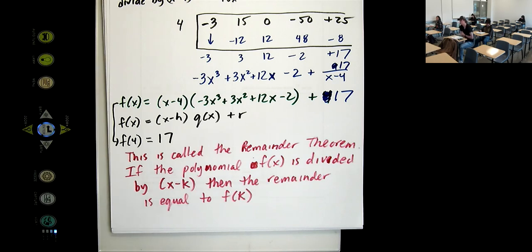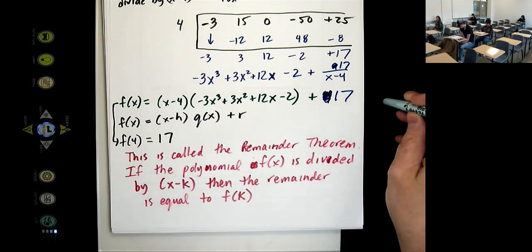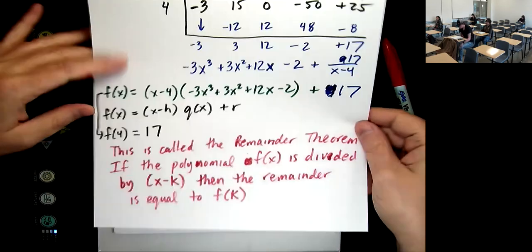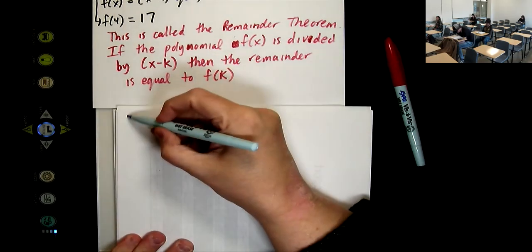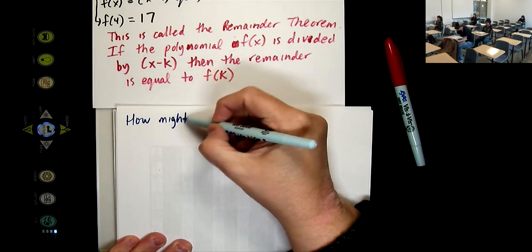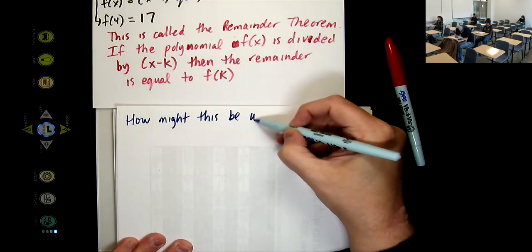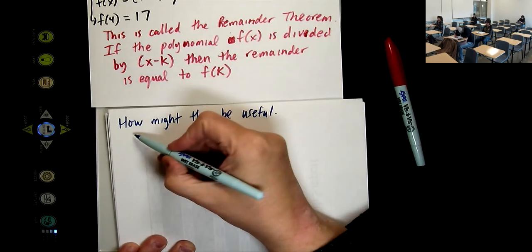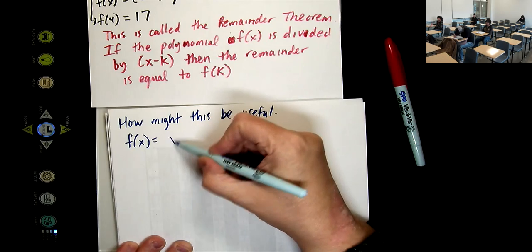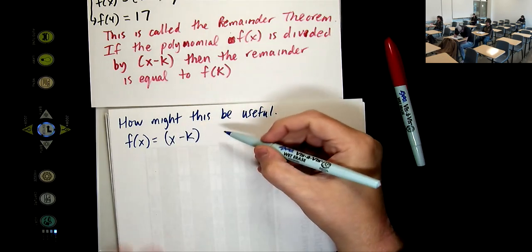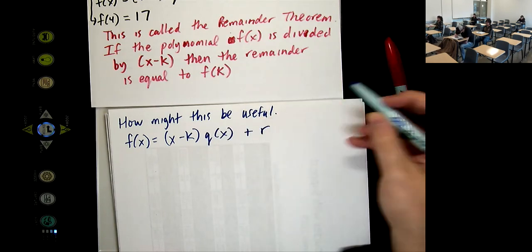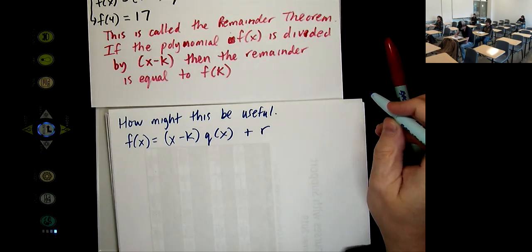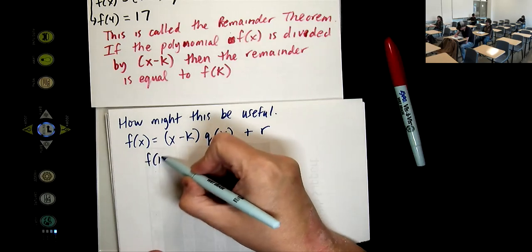That's useful. I've got f of x equals x minus k times some q of x plus r. And if I plug in k, I get r.